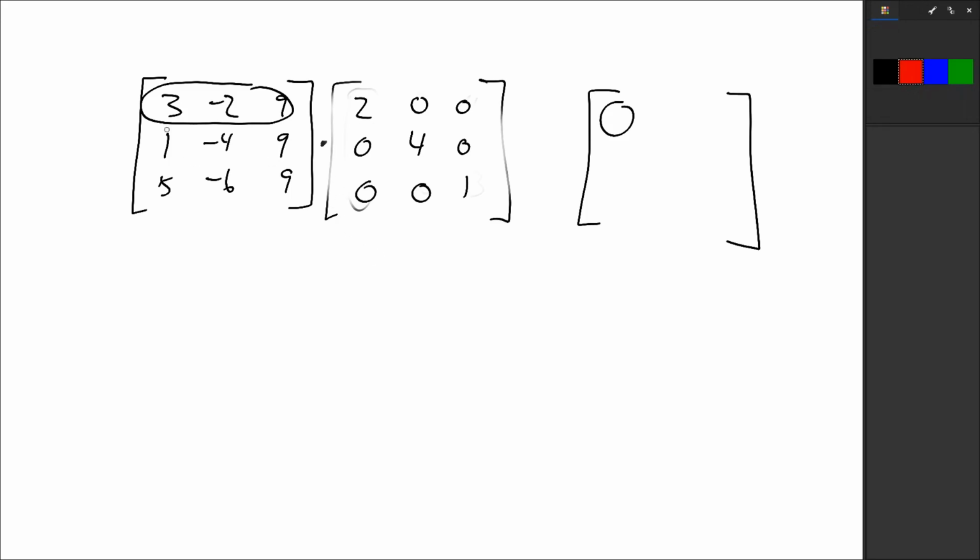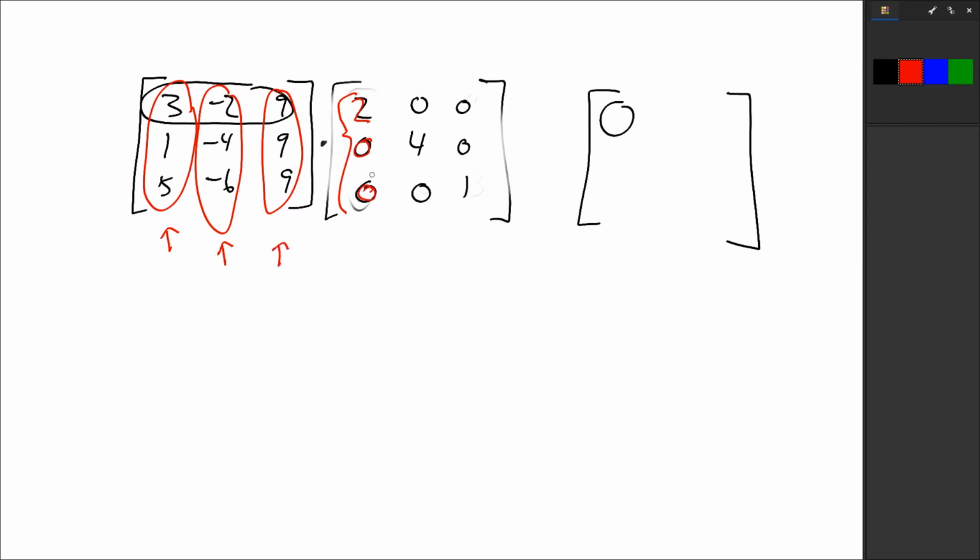So you'll remember that really this matrix is composed of 3 columns. And when we look here at this first column, really what we're saying is, in my final result, I want to have this many of the first column plus this many of the second column, plus this many of the third column, right?